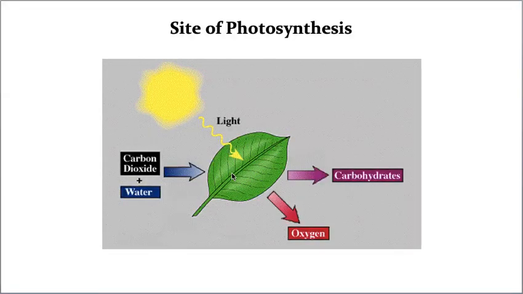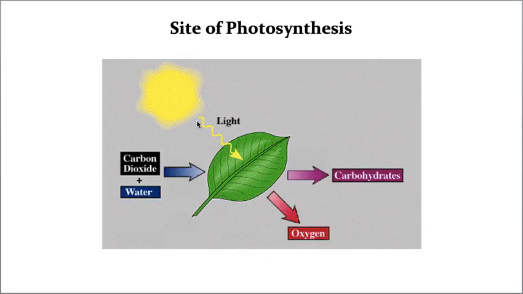Now both are available in the plant, but they can't participate in photosynthesis by themselves. To participate in photosynthesis they need some energy. So this is the sun, which in the form of sunlight provides energy.